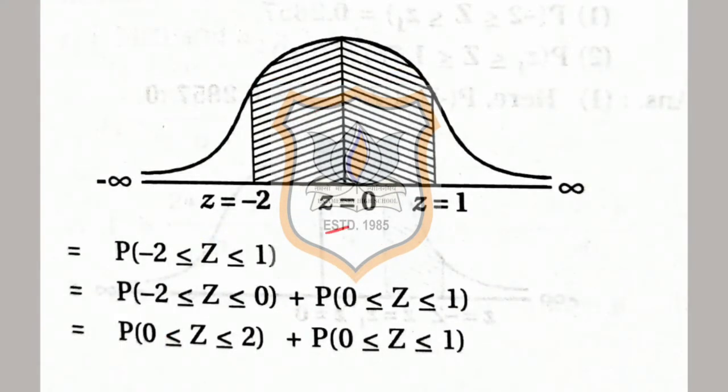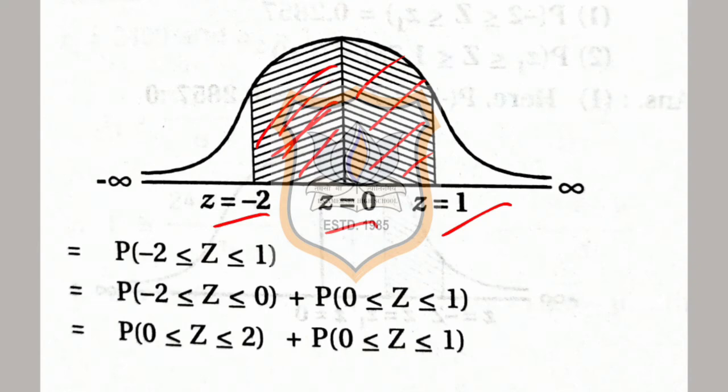Z equal to 0 is in between, Z equal to 1 will be on the right hand side and Z equal to minus 2 will be on the left side. So first we will find the area from Z equal to minus 2 to Z equal to 0, and the second area will be from Z equal to 0 to Z equal to 1.